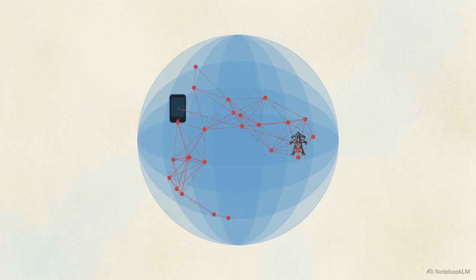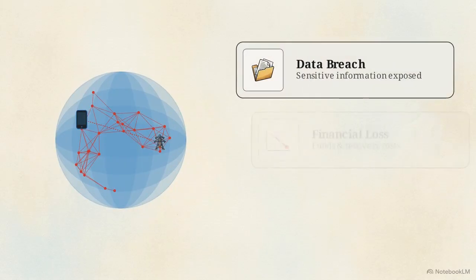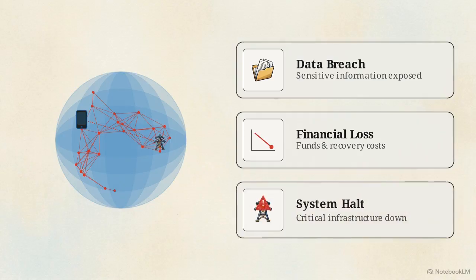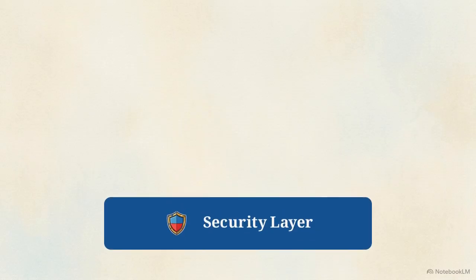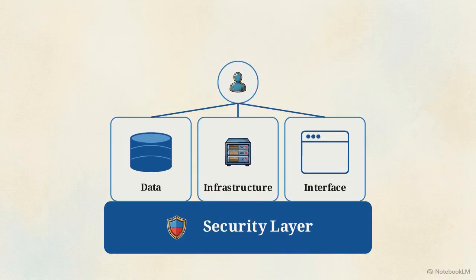Operating these systems without strict protection guarantees severe consequences. When vulnerabilities are left open, sensitive data leaks to unauthorized users, financial accounts are drained, and critical infrastructure grinds to a halt. This high level of societal dependency makes robust security the foundational requirement for building any modern system.